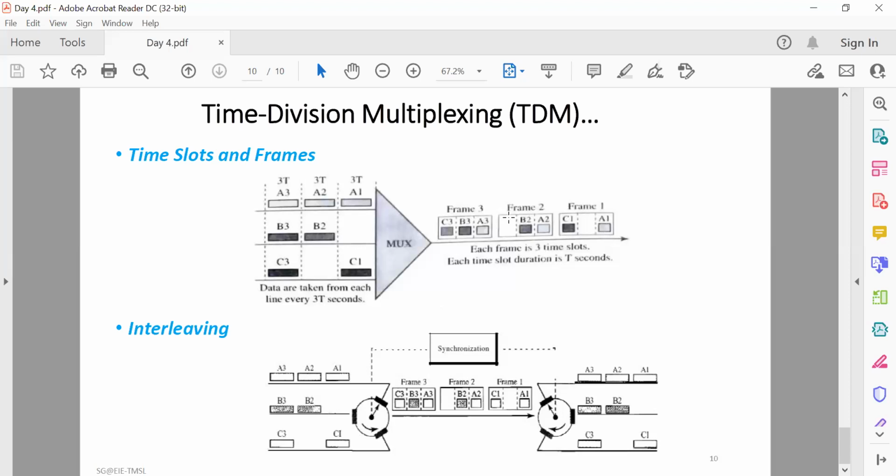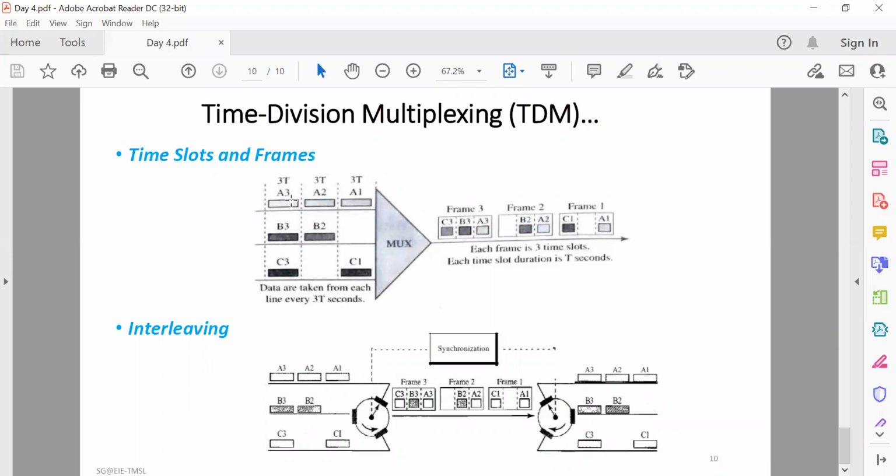A frame consists of one complete cycle of time slots, with one slot dedicated to each sending device. In a system with n input lines, each frame has n slots, with each slot allocated to carrying the data from a specific input line.